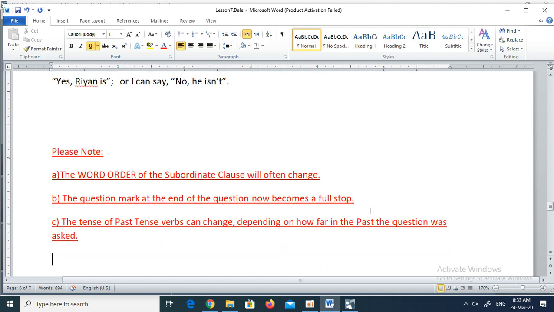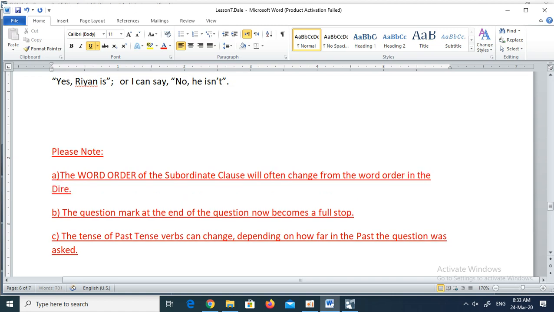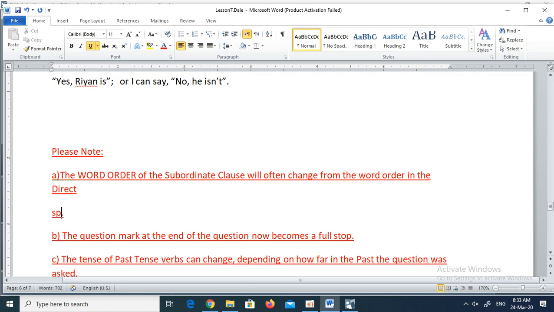What we do need to note with indirect questions is that the word order of the subordinate clause will often change from the word order in the direct speech.